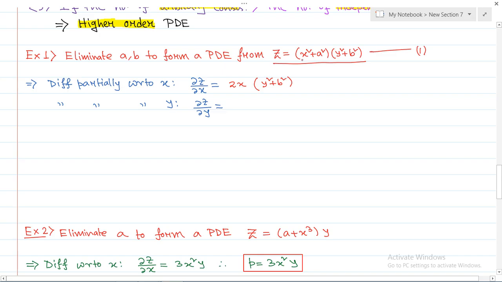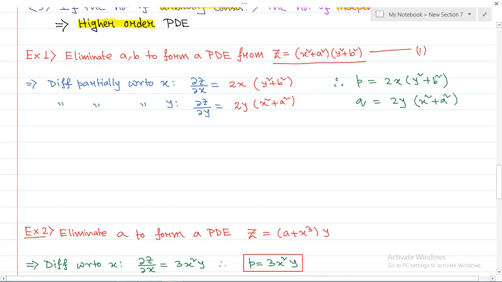Similarly, if we differentiate equation 1 partially with respect to y, we get 2y times x square plus a square. Now if we apply the symbolic notation that we just learned, p stands for del z del x, q stands for del z del y, so we have p equals to 2x times y square plus b square, and similarly q equals to 2y times x square plus a square.